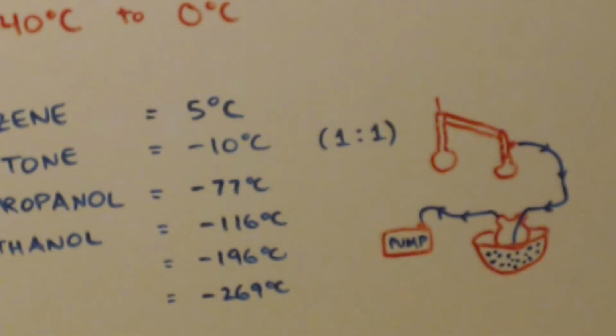So I just wanted to go over cooling baths and how you find the list. This doesn't just tell you how to cool stuff down. It tells you how to cool it down to a specific temperature. You might have a reaction that has to be between minus 70 and minus 80 degrees Celsius.